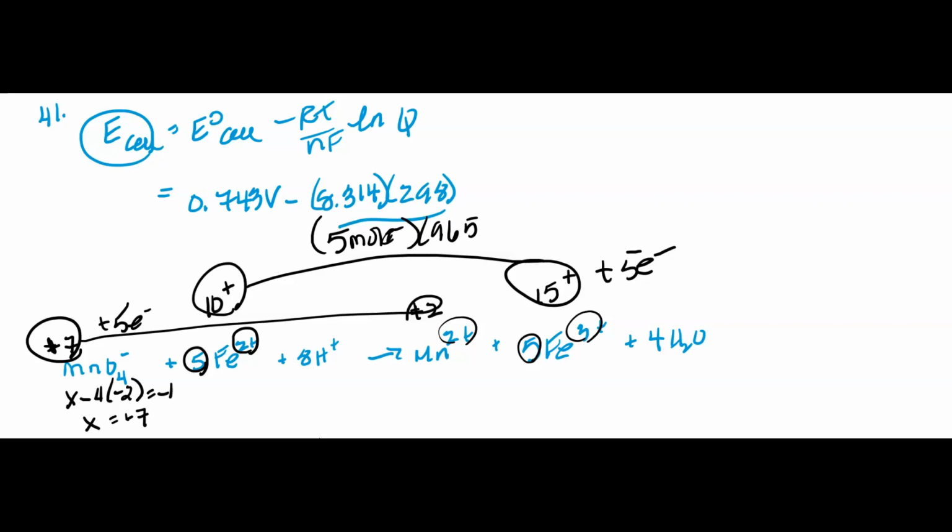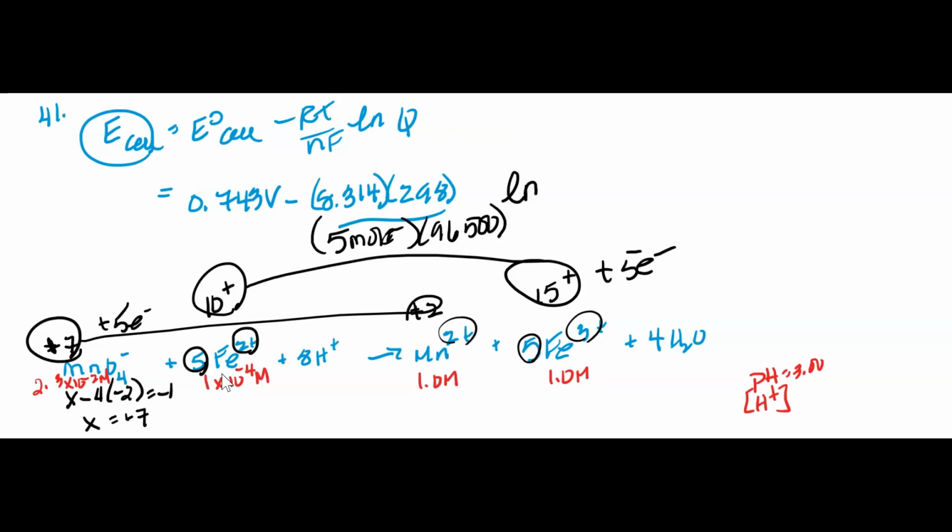and 96,500. And now we have to think about the concentrations. So it's products over reactants. I'm going to assign the values here. Just making my little chart that this was given to us.